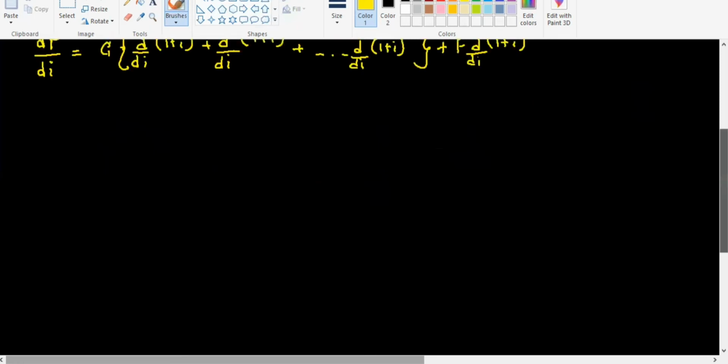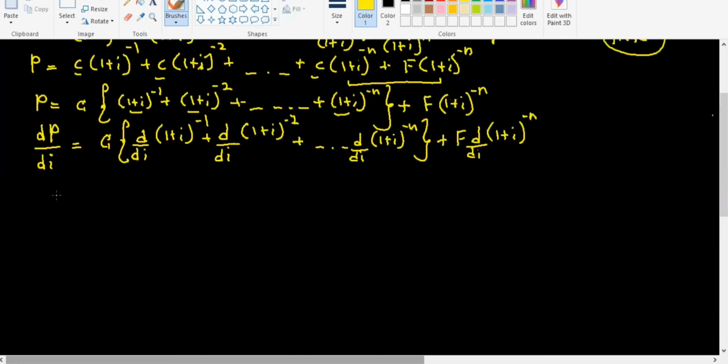I will further do the differentiation part. So it's dP over dI, then we can differentiate. After differentiating, what we are left with is this: minus 1 comes in front, minus 1 multiplied by (1 plus I)^-2, right? Then for the second payment, this minus 2 comes in front after differentiation.